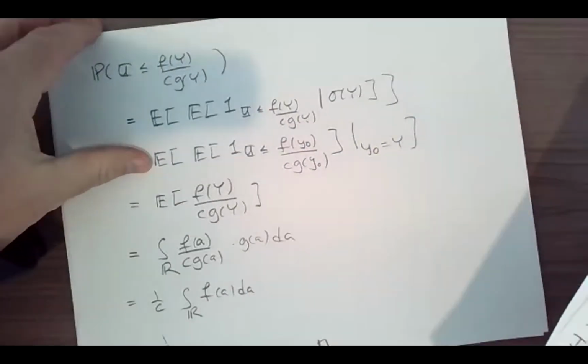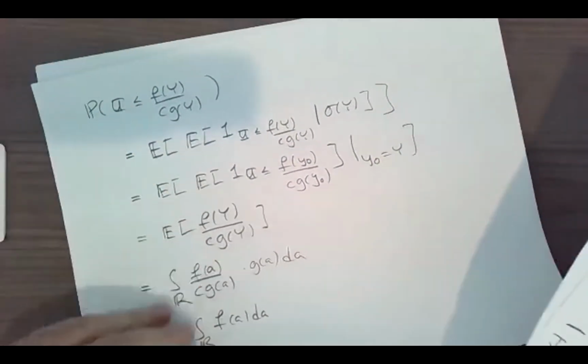So maybe we should look at this constant. Why do we want the constant to be close to 1?